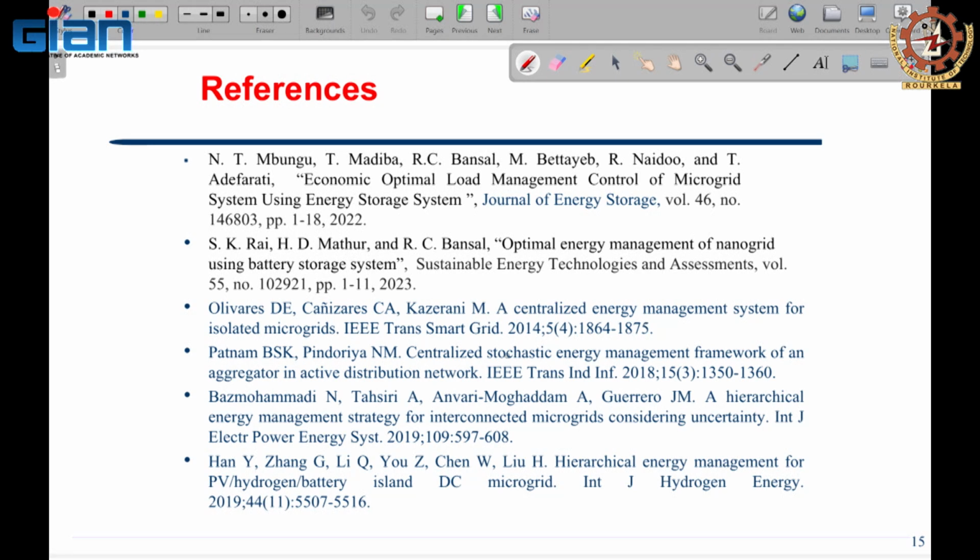I know one of these colleagues from BITS Pilani in India, they have done a few PhDs around this optimal energy management system. So this is another interesting topic. I have been a little bit brief in discussing the topic as we have to cover more.